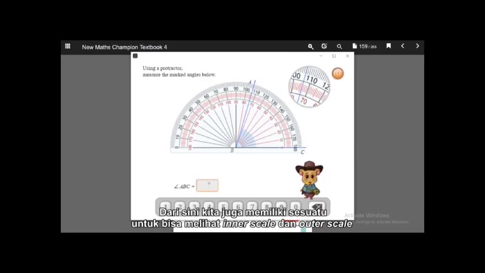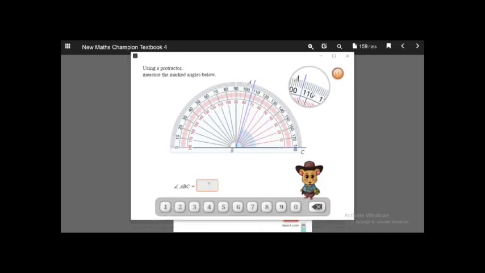Is it the inner scale, the red one, or the outer scale? In this case, we use the red one, the inner circle. So what angle is it? It is 70, 71, 72, 73, 74. Now let's answer 74.